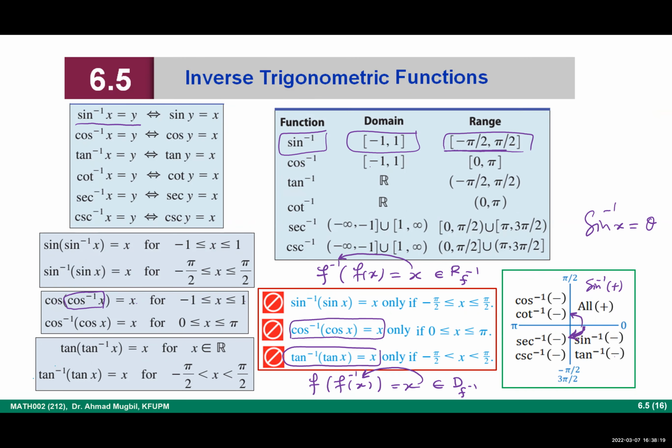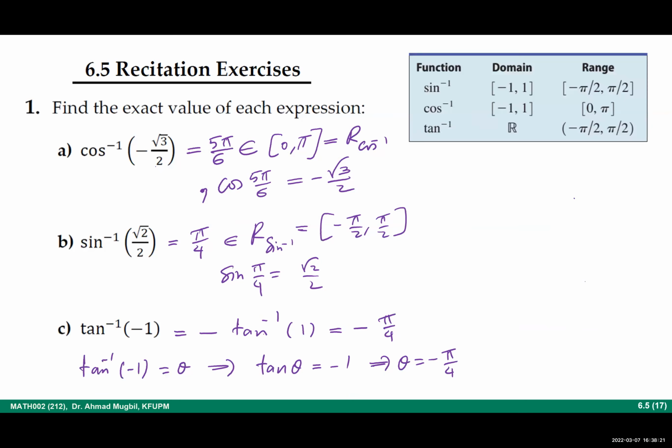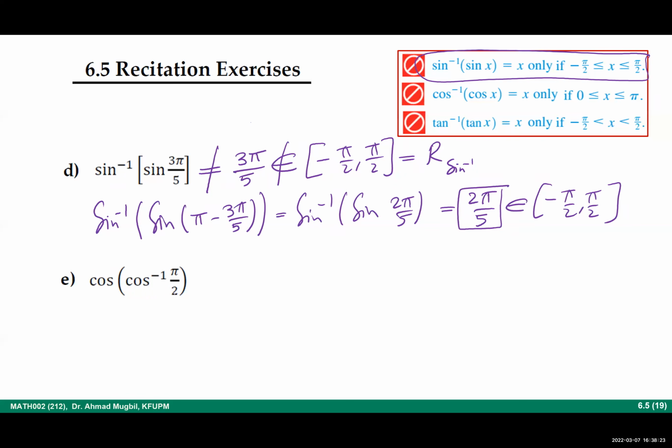What is the domain of cosine inverse? Negative 1 and 1, the closed interval. Now, is pi over 2 in the domain of cosine inverse? You know, pi over 2 is approximately 1.57, something like this. So it is not. This is greater than 1. So what will we say here?